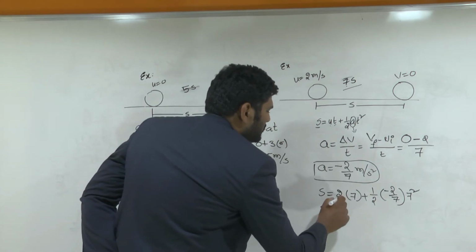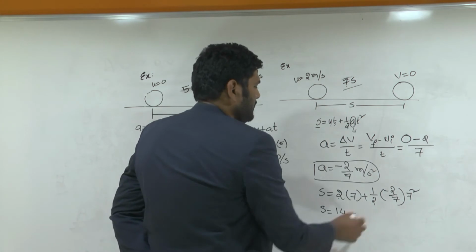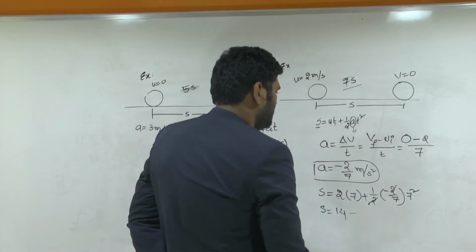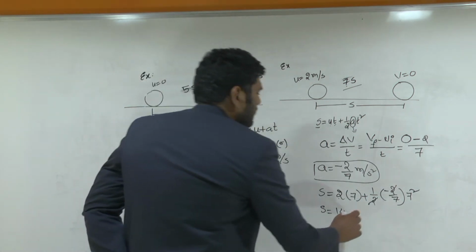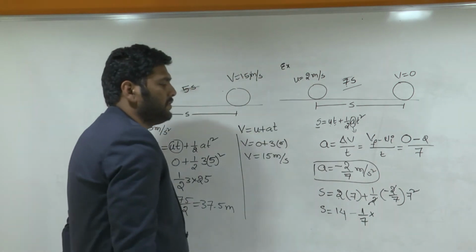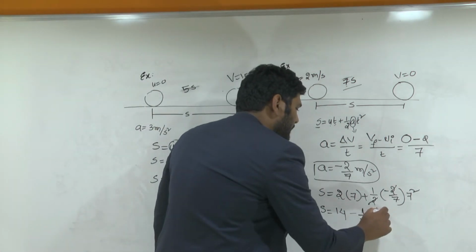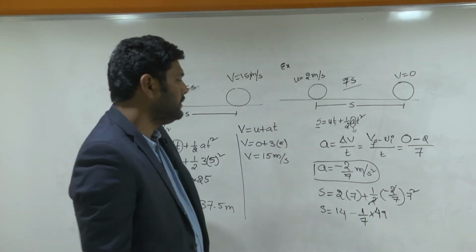S is equal to 2 7s are 14. You can write minus sign here. This 2 gets cancelled, isn't it? The remaining thing is 1/7 into 7 square. What is the 7 square value? 49. Right?